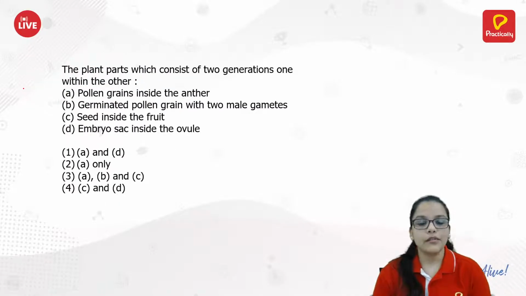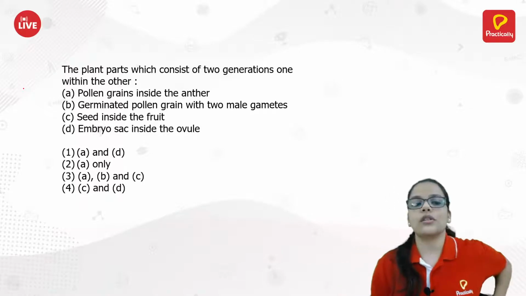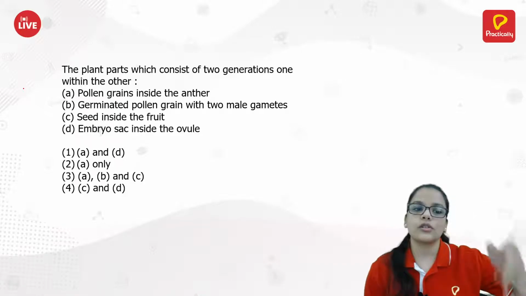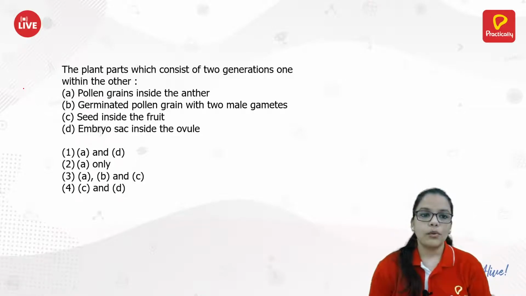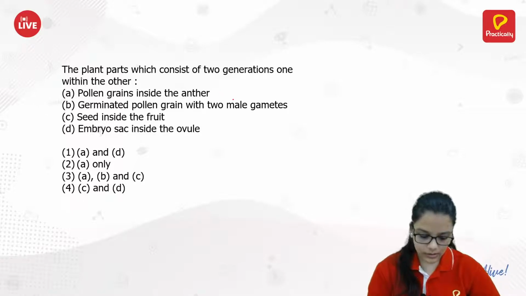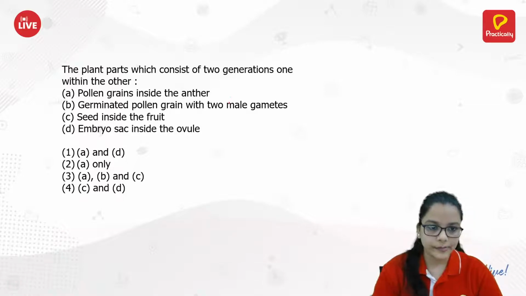Next, the part of which consists 2 generations, one with another. Okay, so we have to see 2 generations, haploid diploid, like that. Okay, pollen grains inside of anther that lives with each other. I think that is correct.